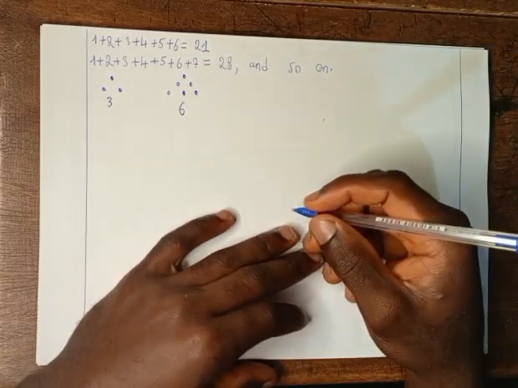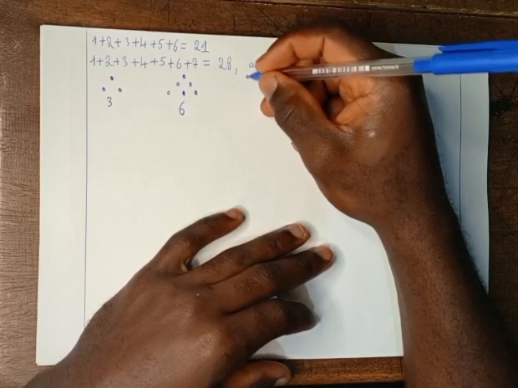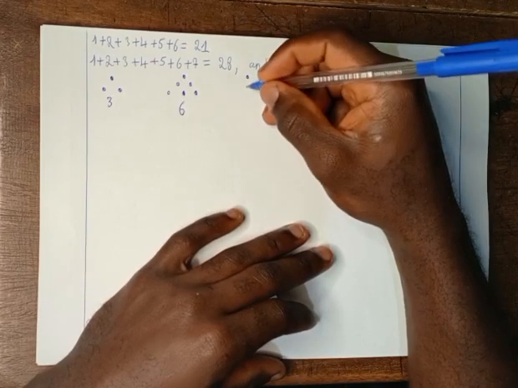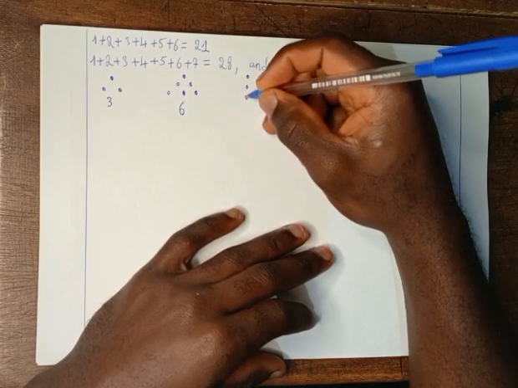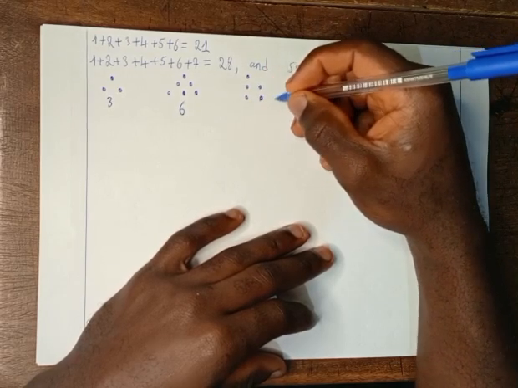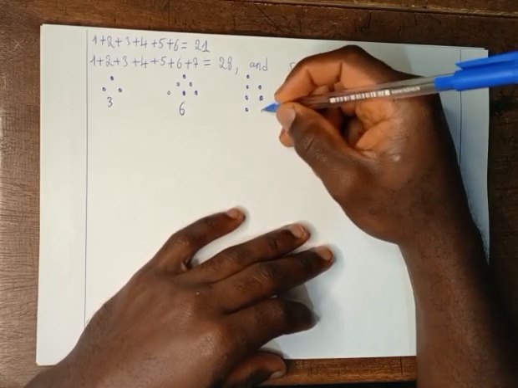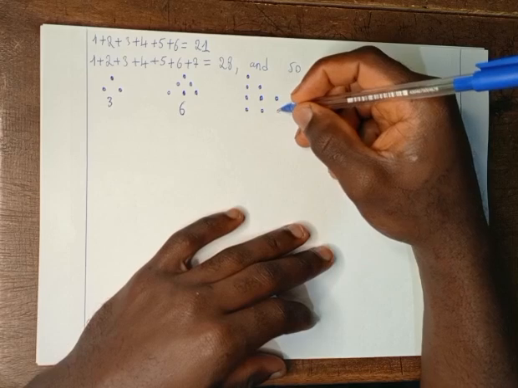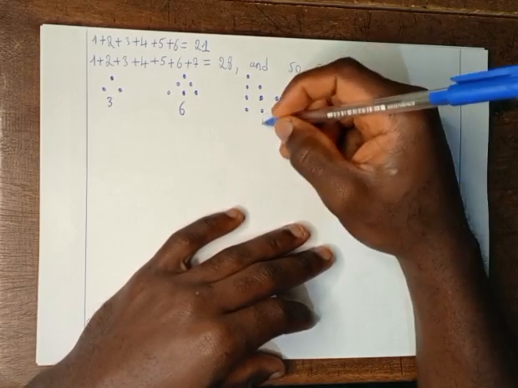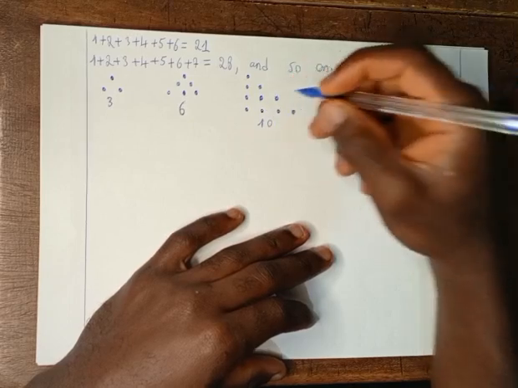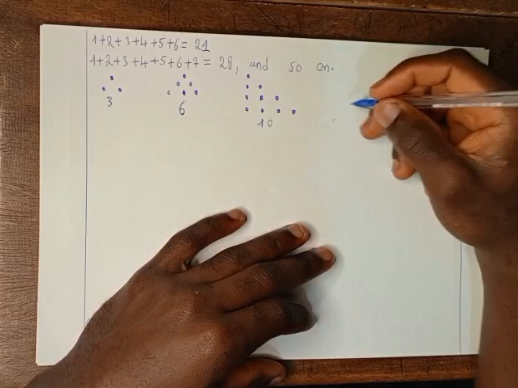The next, the number 10. In this case, I'll make use of a right angle triangle. We can represent the number 10 as such. This is 10. If we are to connect these dots, we are going to obtain a right angle triangle. Next, the number 15.